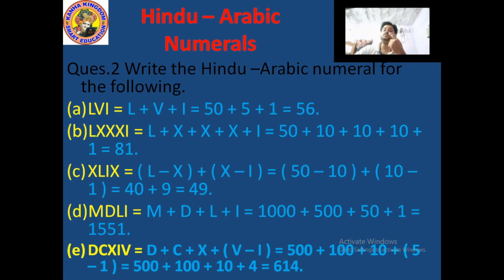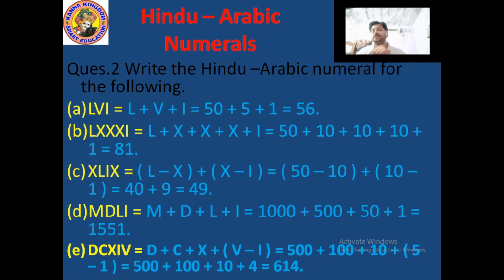No, X is not greater than L. Means use C part or sixth one, because in sixth rule, X is always subtracted from L and C. So here is X then L, means X is subtracted from L. Bracket L minus X, bracket close, plus now I, X.